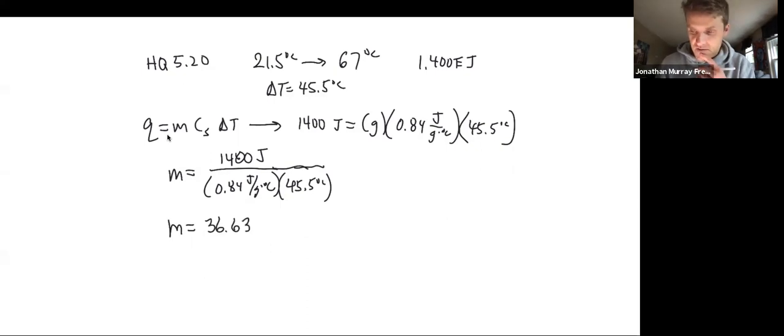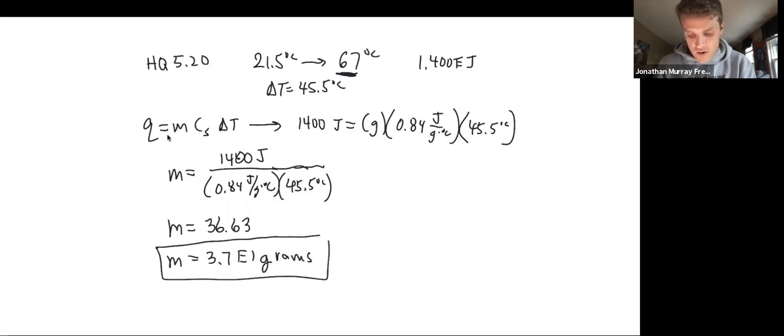For significant figures, I would only go to 2 significant figures because this temperature that we're measuring is 6.7 e to the 1, so that's just 67, which is 2 significant figures. So I would say that my mass is 3.7 e to the 1 grams of sand.